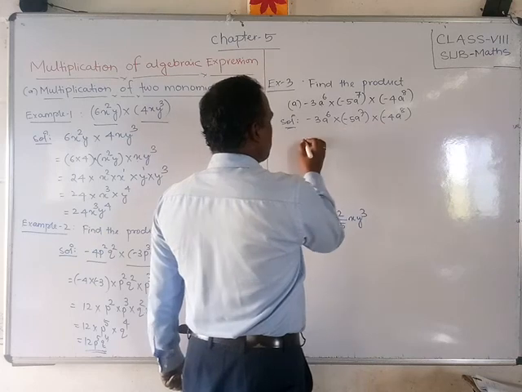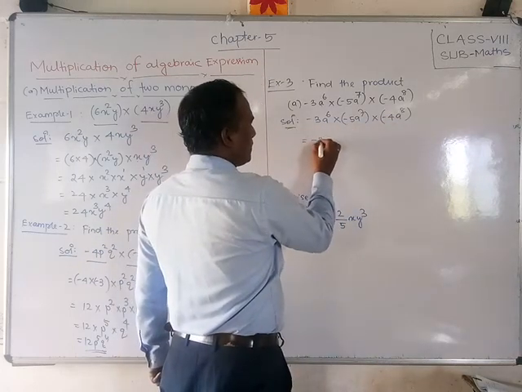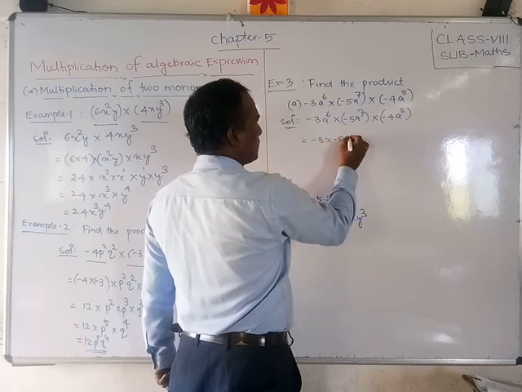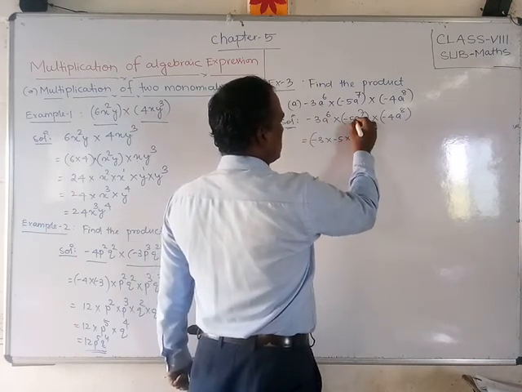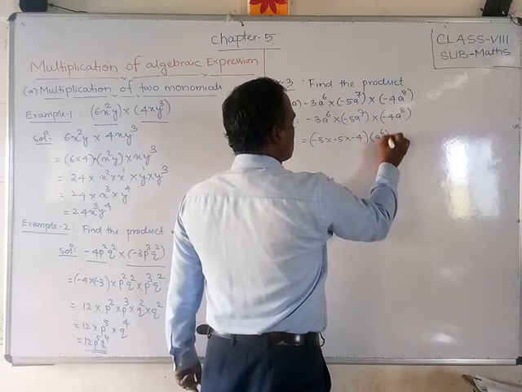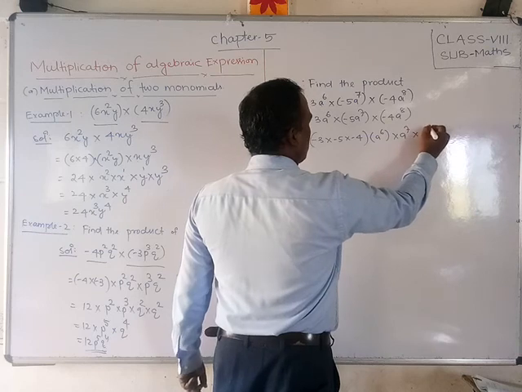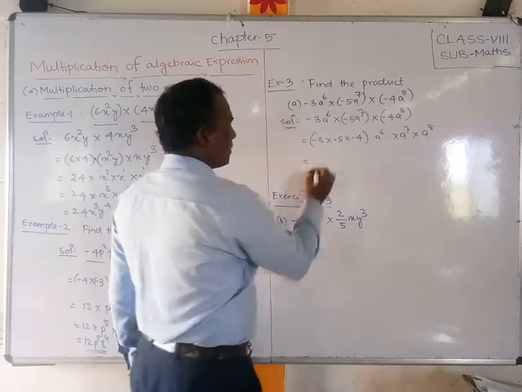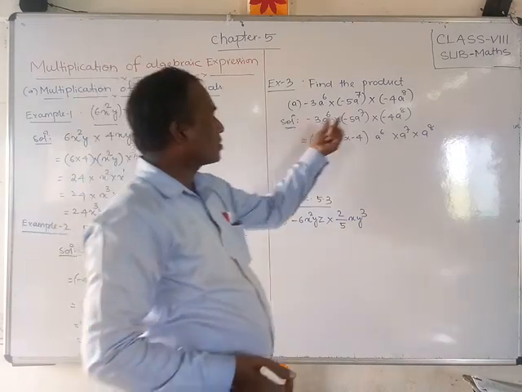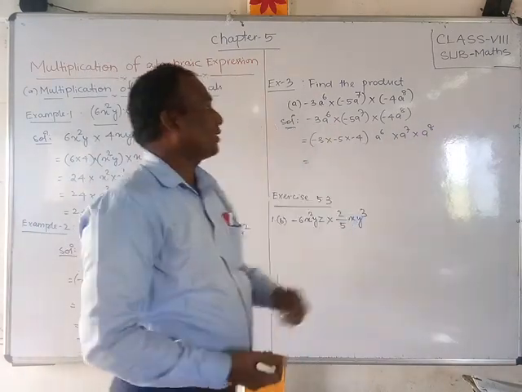Okay. Now, first of all, write the constant terms in one place: 3 into minus 5 into minus 4, into a to the power 6 into a to the power 7 into a to the power 8. So I have written the constant terms in one bracket and the others are written nearby.